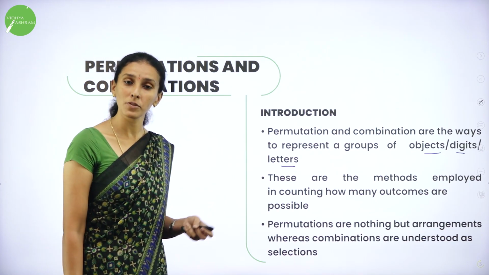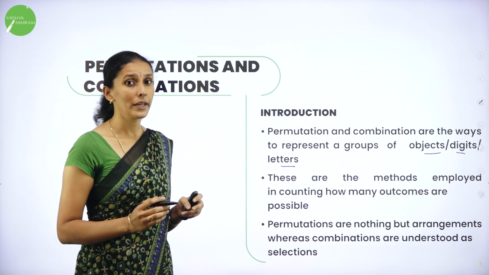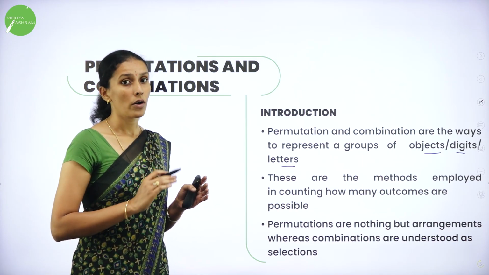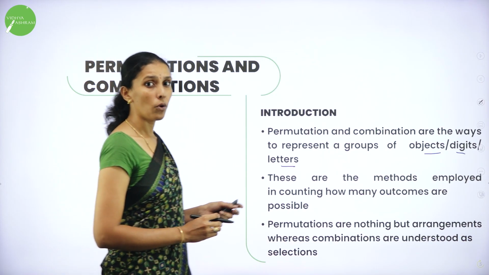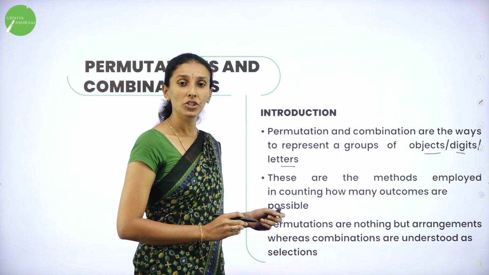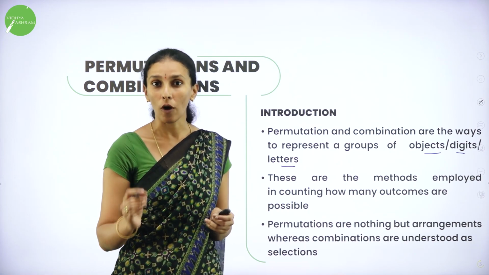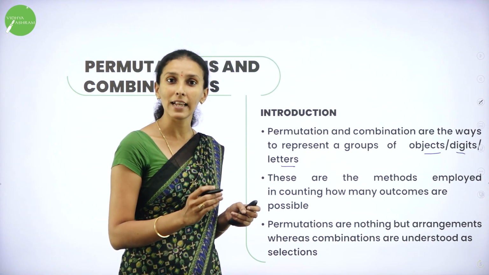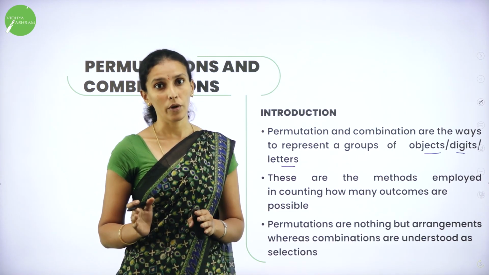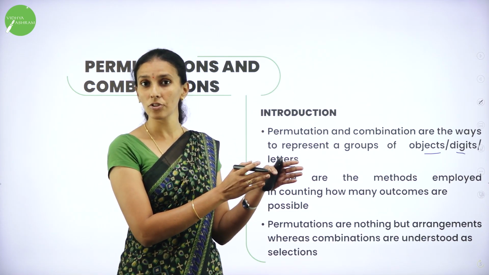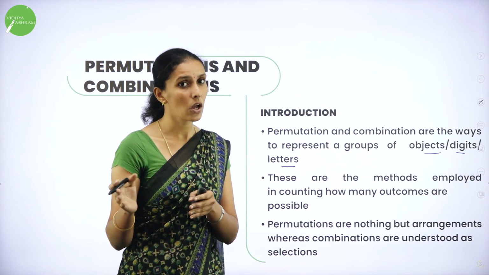How many outcomes are possible is nothing but how many elements we can choose or how many ways we can write those elements. So permutation is an arrangement of objects, whereas combination is nothing but selection of objects, like the food menu and the food you are going to choose. The food menu is permutation and the food you are going to choose is combination.